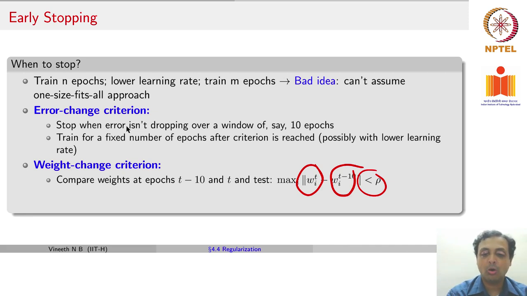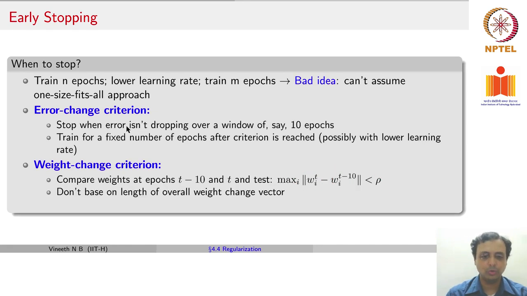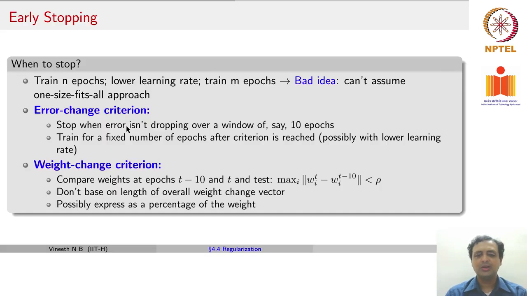But by focusing on pairwise differences between weights at t minus 10 and now, and ensuring that the maximum pairwise difference between the weight at that epoch and this epoch is less than a constant, is a good heuristic to stop training too. So in this case, it may be better not to base it on the length of the overall weight change vector. As I said, this rho could also be a percentage of your weight.